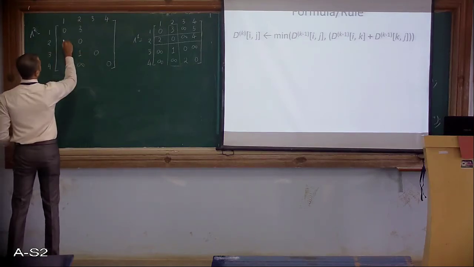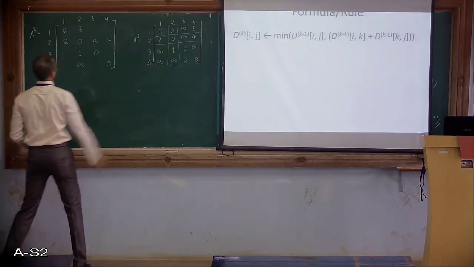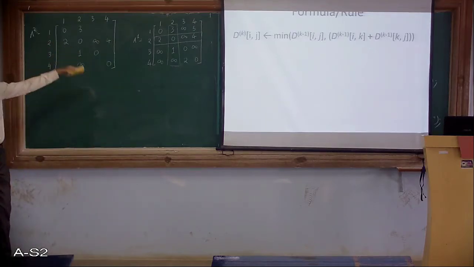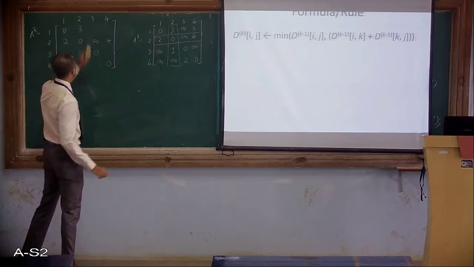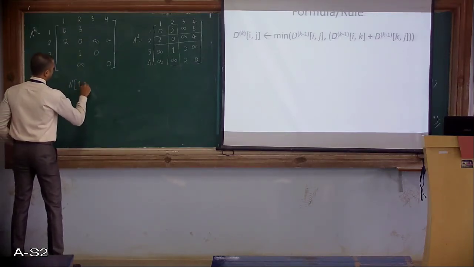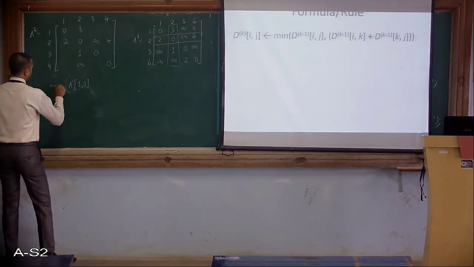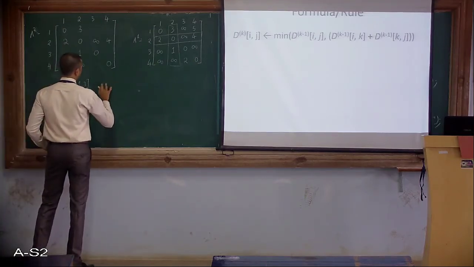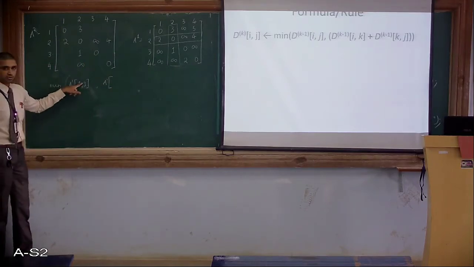So this is 2, 0, infinity and 4. Let's find the shortest path among the remaining vertices. First one is 1 and 3. So A1, 1 and 3, and I'm going to calculate the minimum. I'm going to insert 2 as the intermediate vertex between 1 and 3.